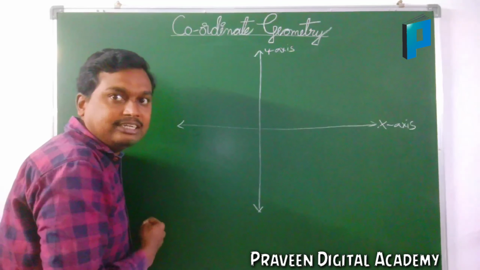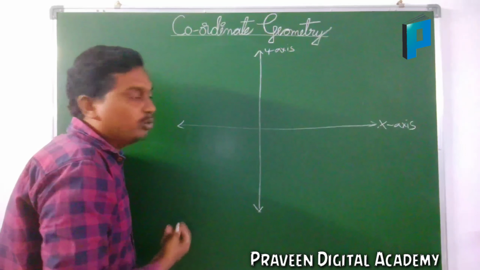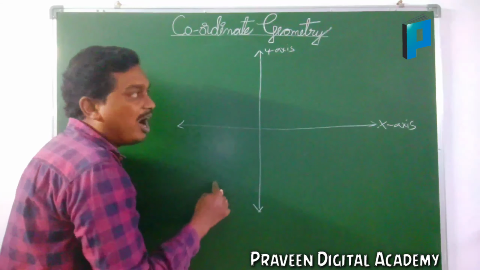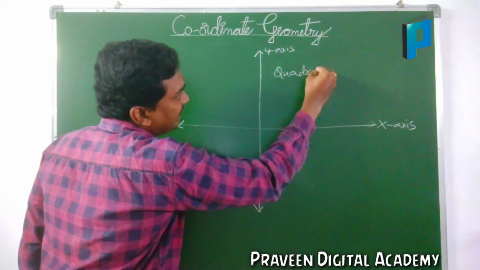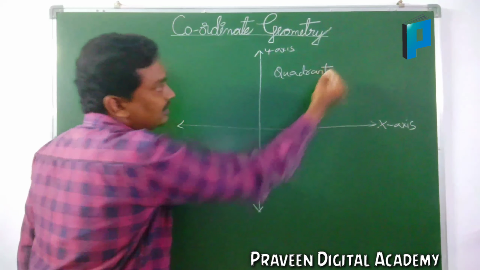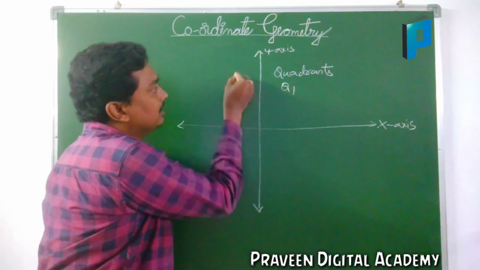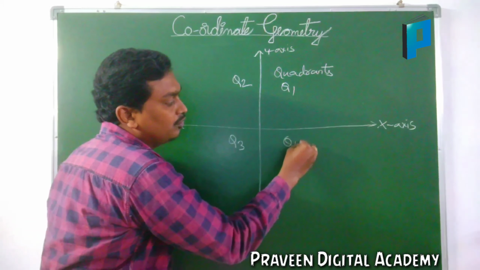This is called a Cartesian plane, or a coordinate plane. A Cartesian plane has 4 quadrants: Q1, Q2, Q3, Q4.